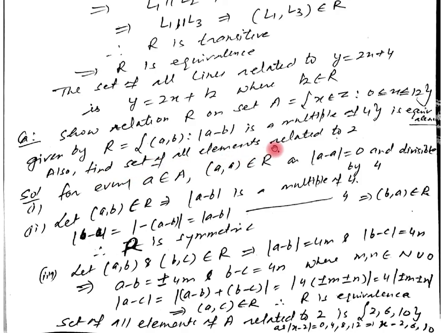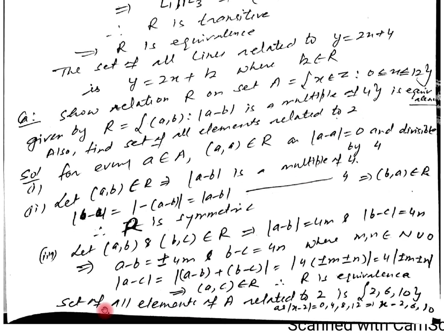Now the second part of this question is to find the set of all the elements related to element 2. It means we have to consider another element so that their difference is a multiple of 4. So the answer is: the set of all the elements of A related to 2 is 2, because 2 minus 2 is 0, divisible by 4. It may be 2, it may be 6, it may be 10. The next element we cannot take because our elements go up to 12.